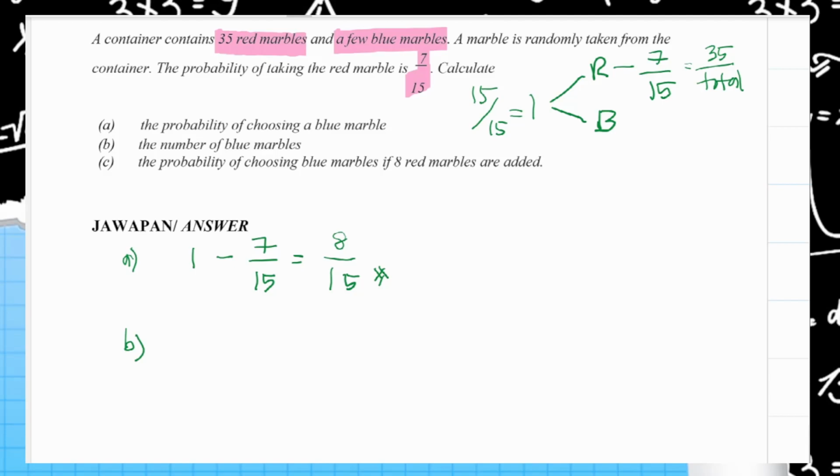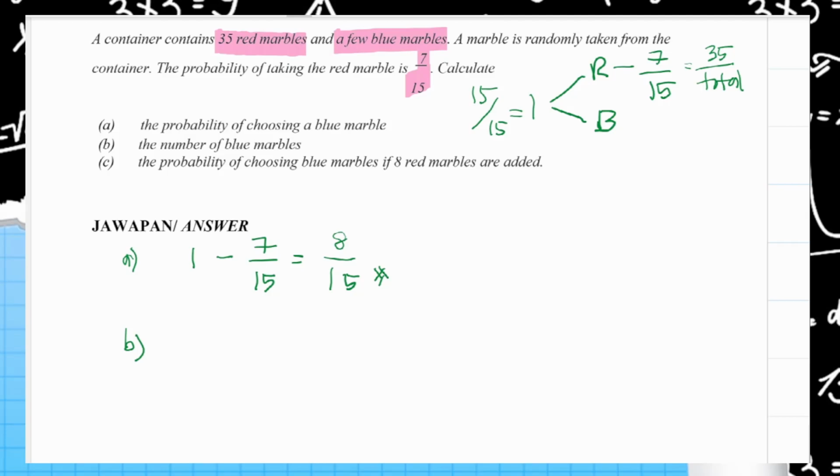When the probability is given to you, you must remember the probability given to you is in the simplest form. So here the probability for red is 7, but does not mean the total number of red is 7 only. This one is simplified from 35 over total.